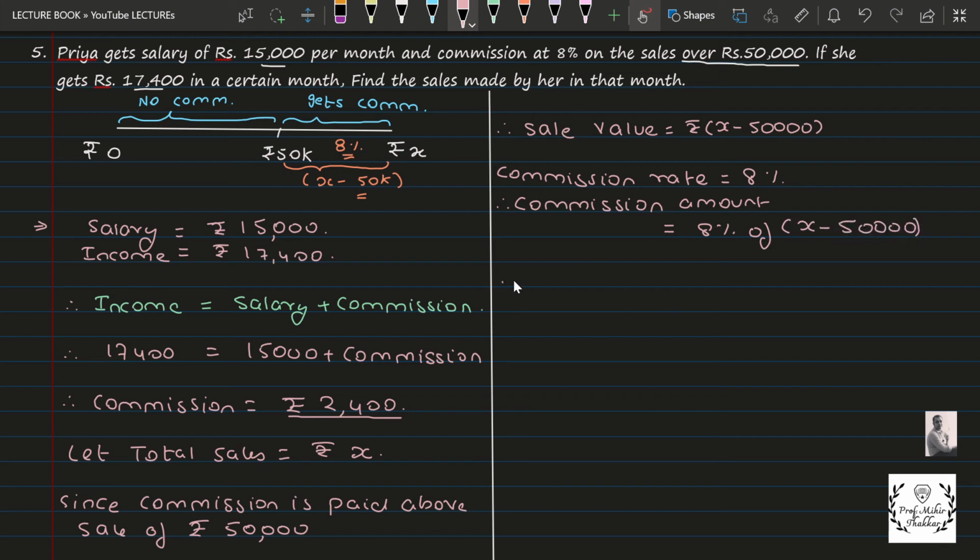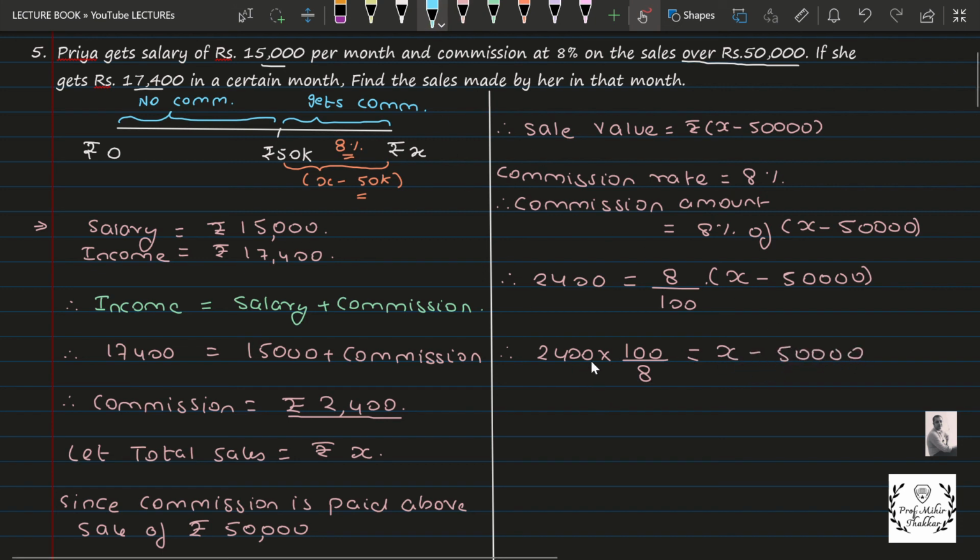So I can say that therefore 2400 is equal to 8 upon 100 multiplied by X minus 50,000. We cross multiply this on the opposite side. 2400 multiplied by 100 divided by 8 is equal to X minus 50,000. 8 into 3 is 24 and the two zeros.